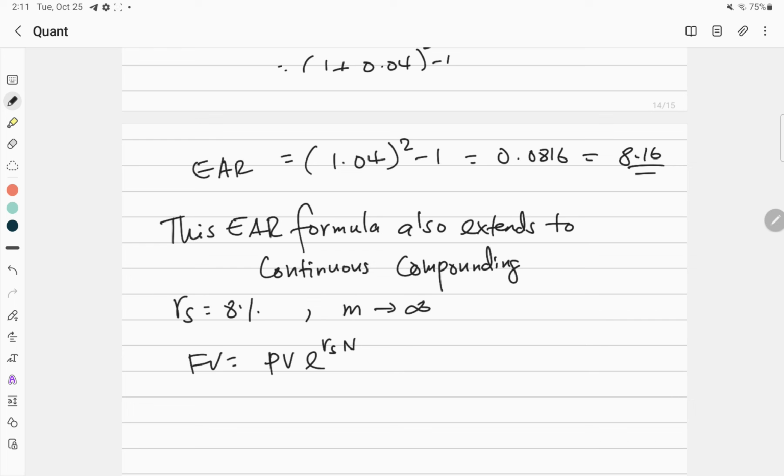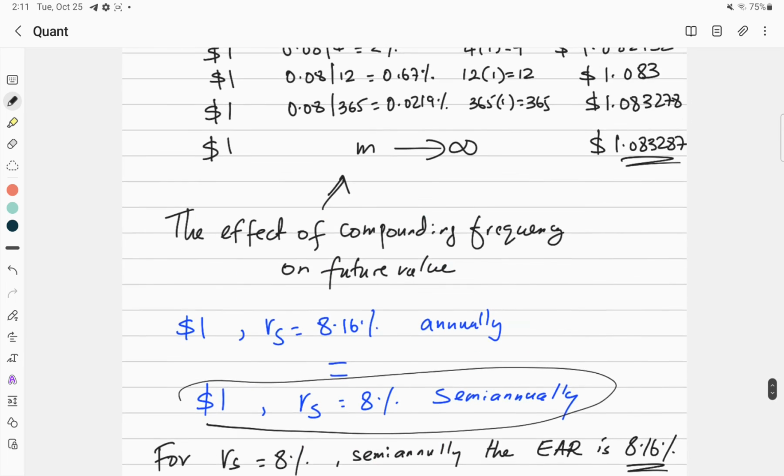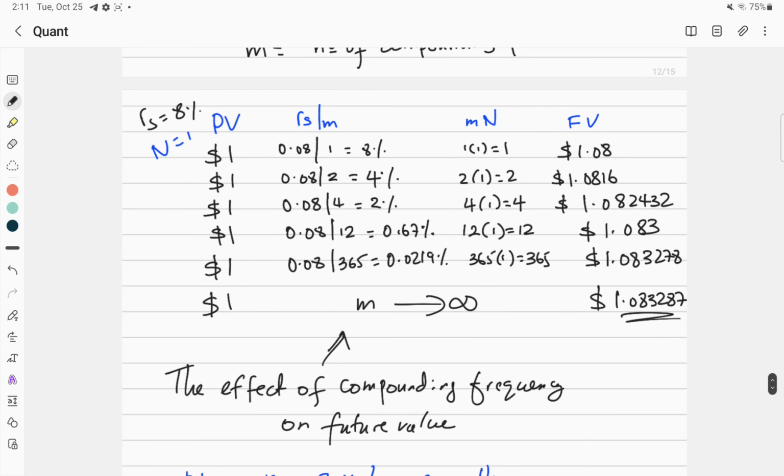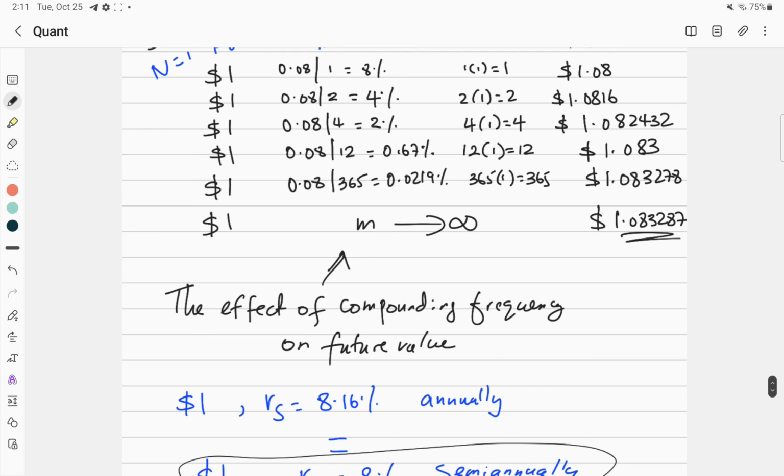Now, if we go back to the table that we have here, with continuous compounding of a $1 investment, at the end of the first year, we're going to get about 1.0833.